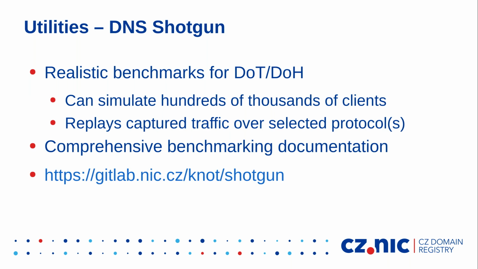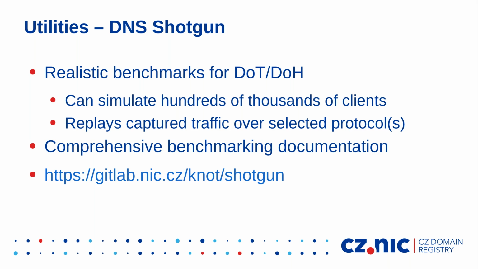If you want to do a really realistic benchmark for DoT or DoH, I would recommend DNS Shotgun. It's a tool that we've written specifically for this purpose. It can simulate hundreds of thousands of clients.